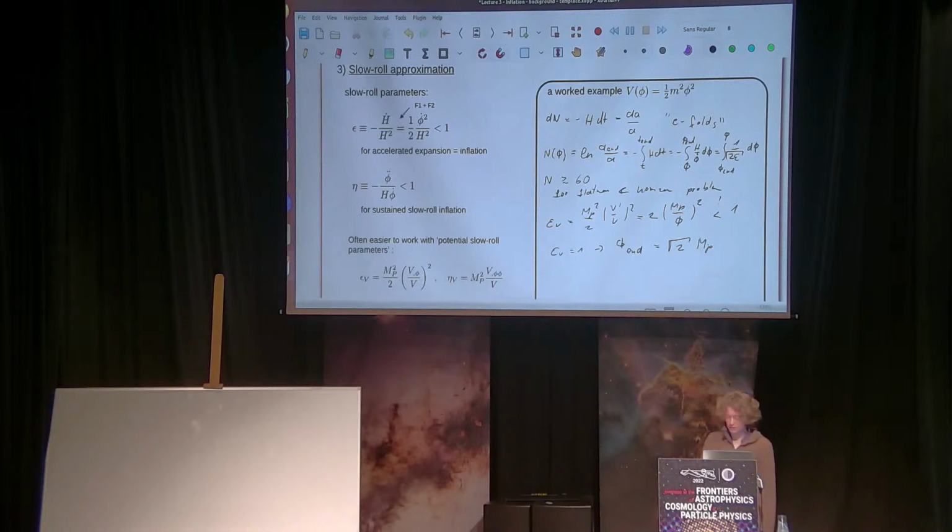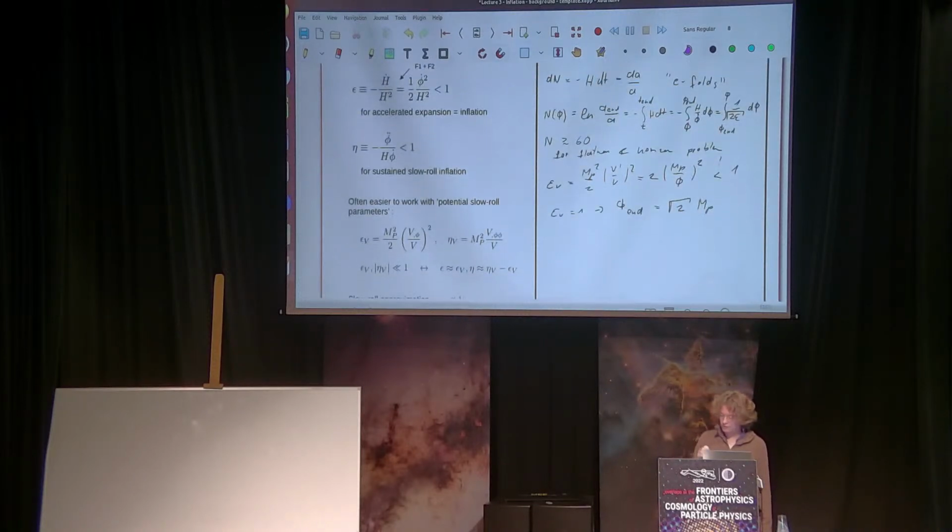And so we have inflation always when epsilon is smaller than this value, which means we have inflation for phi larger than this value, right? Because then epsilon is correspondingly smaller. So now if we say we want 60 e-folds of inflation, it means we want 60 to be N of, let me call it phi start, right? So the start of inflation, we use this expression here for N of phi. We plug in epsilon, which we computed here.